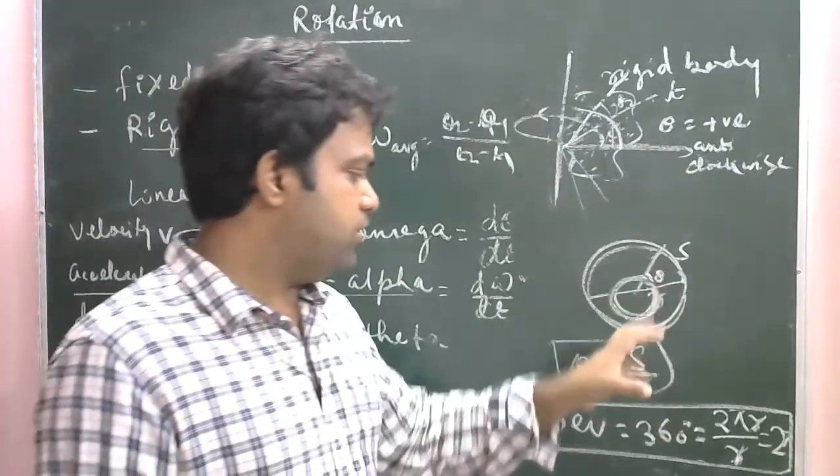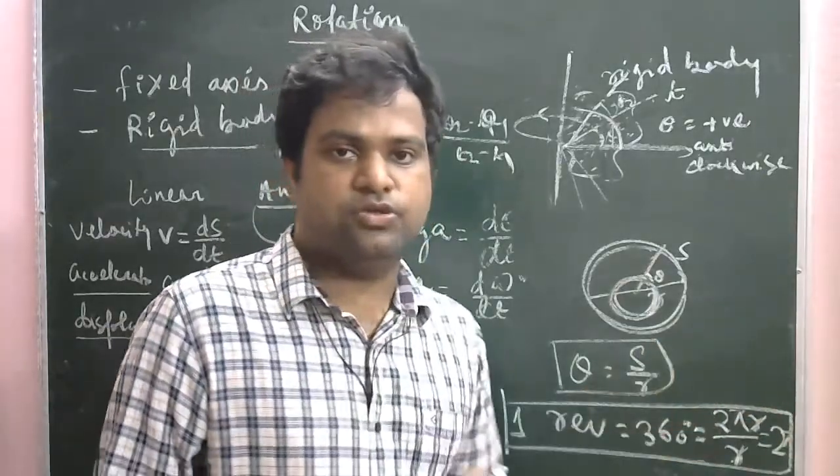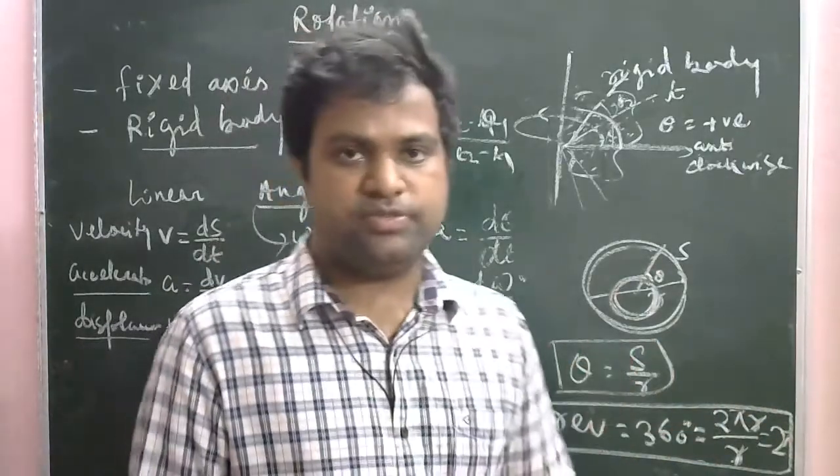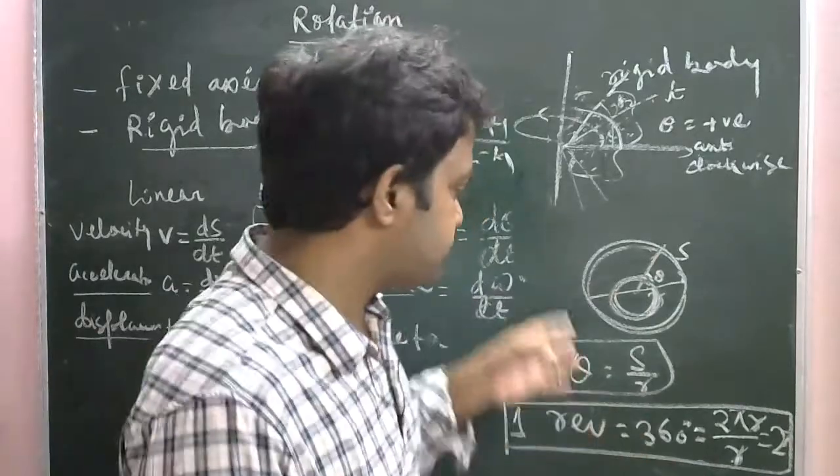Generally you will use radians. Pi is 22 upon 7 or 3.14, an irrational number, you know.